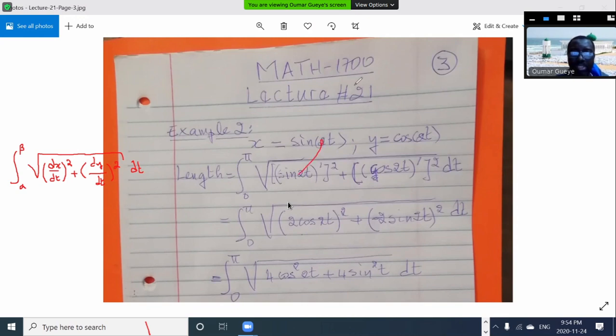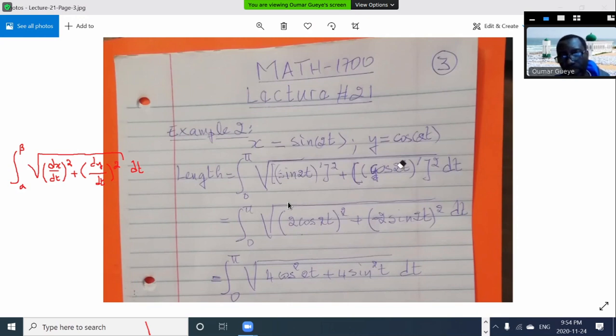So when we differentiate, this is the derivative of x. You see the dash notation, so it means I'm just going to differentiate x and differentiate y, then square them. When you differentiate x by using the chain rule, you will get 2 cosine 2t, which is the derivative of sine 2t, and we square it.